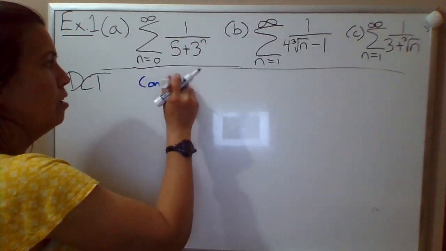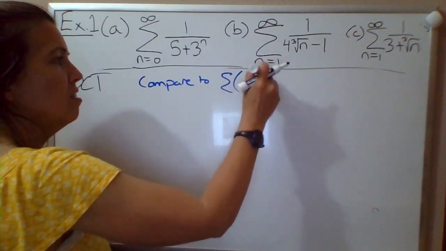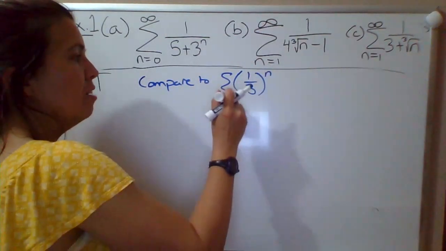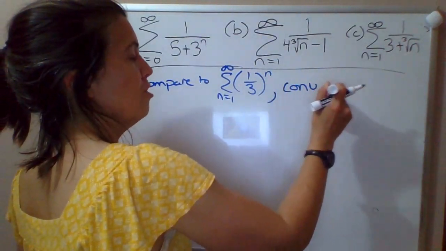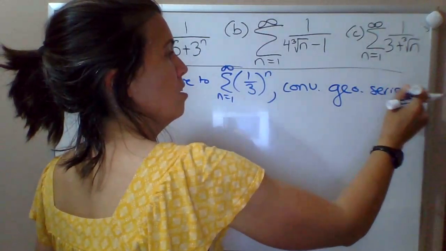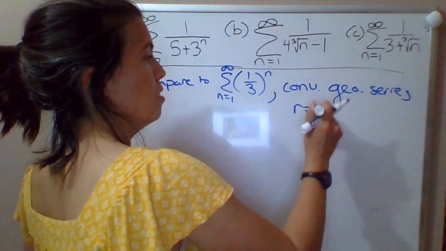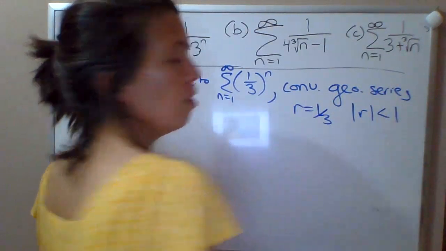Compare to the series 1 over 3 to the n, which is a convergent geometric series, because the r is 1/3. Remember that a geometric series converges when r is less than 1.